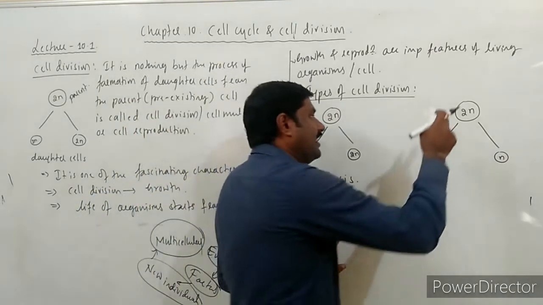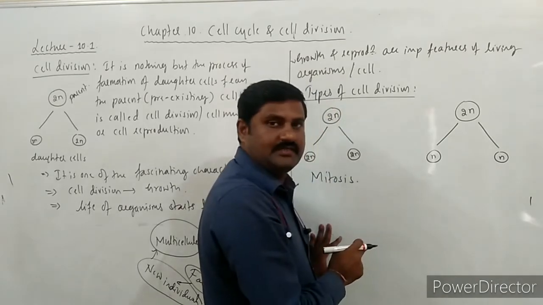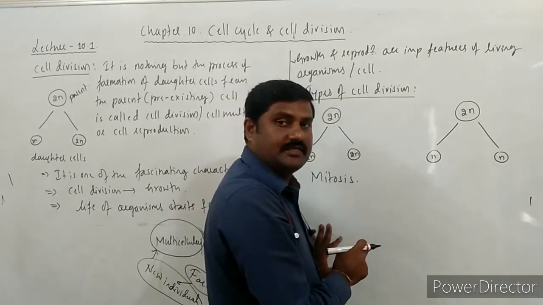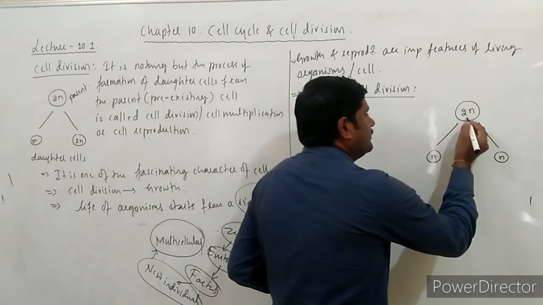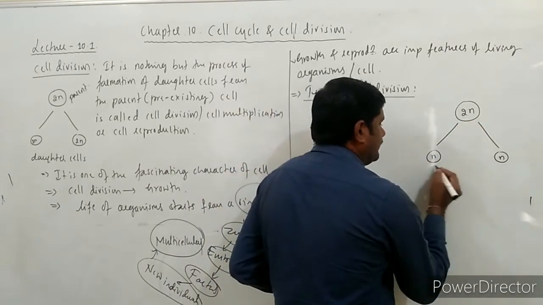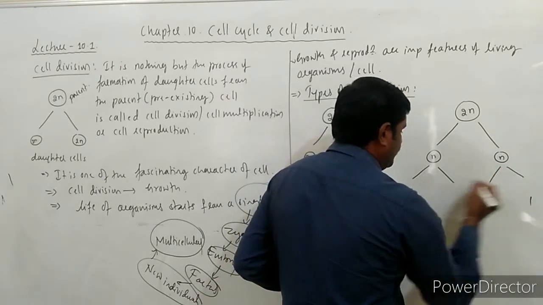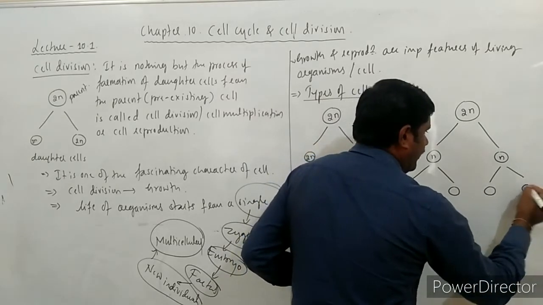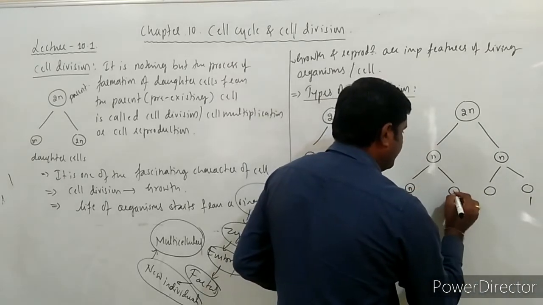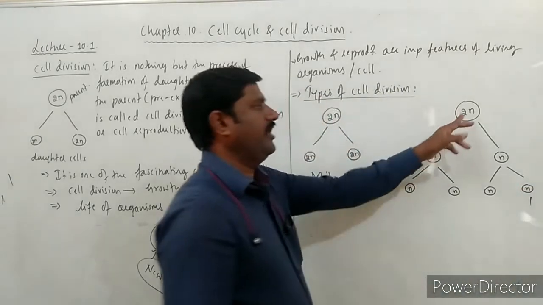See here, the same cell undergoes the division twice. Twice in the sense of 2 times. Means this cell divides into 2 equal sized cells, and again these cells divide into 2 equal sized cells. And all the cells have half the number of chromosomes of its parent itself.